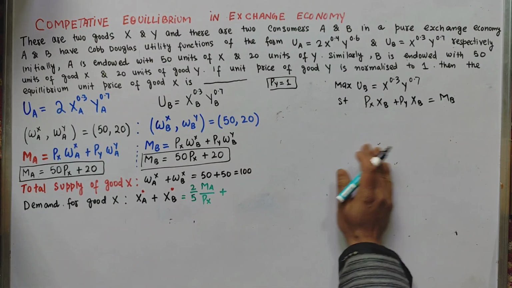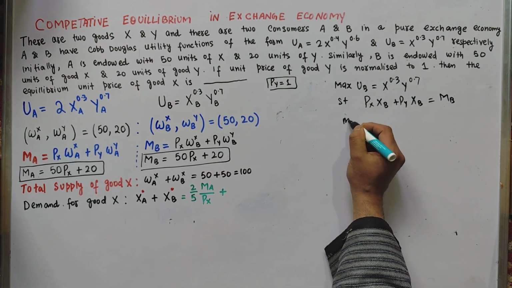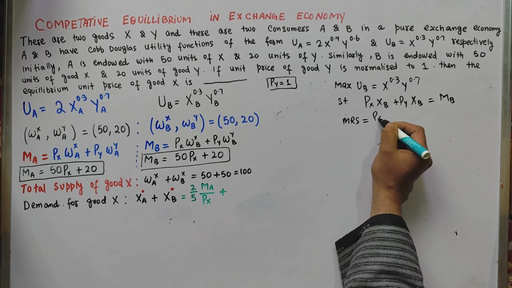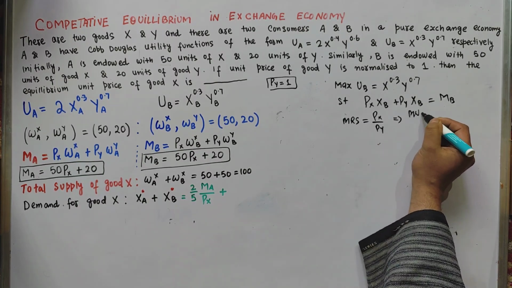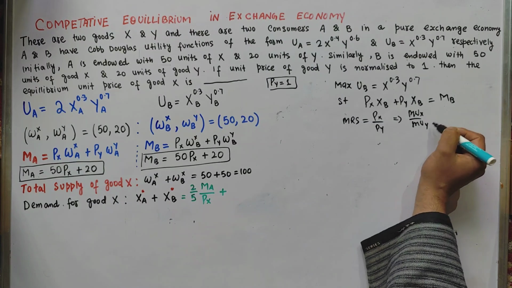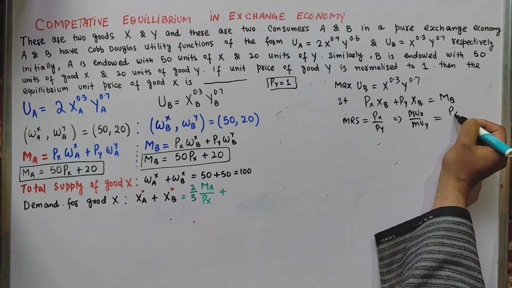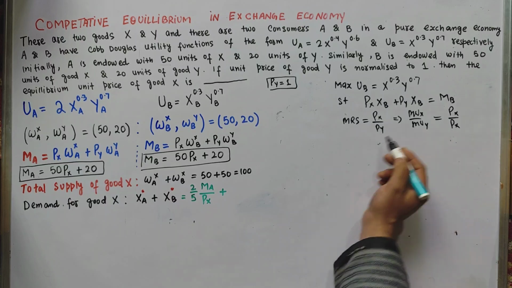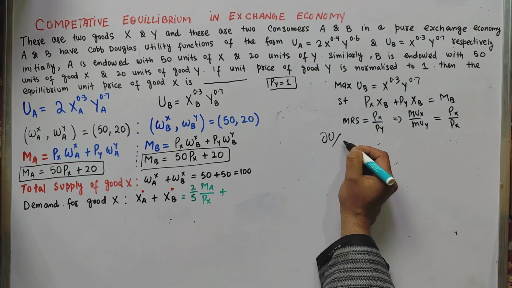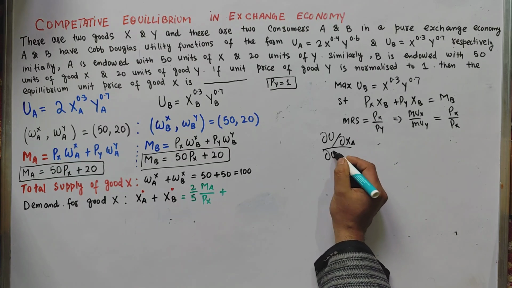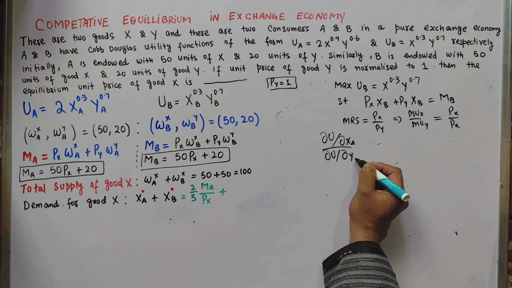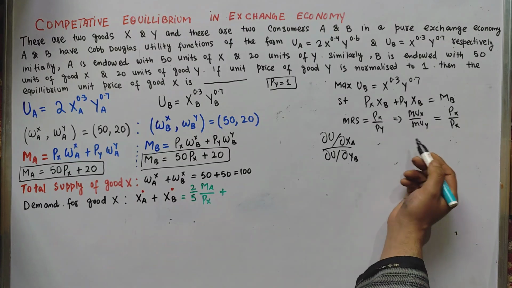Okay, so the tangency condition requires MRS should be equal to price of x upon price of y, which implies MUx upon MUy is equal to price of x upon price of y. MUx means the partial derivative of the utility function with respect to good x, and MUy means the marginal utility of good y.